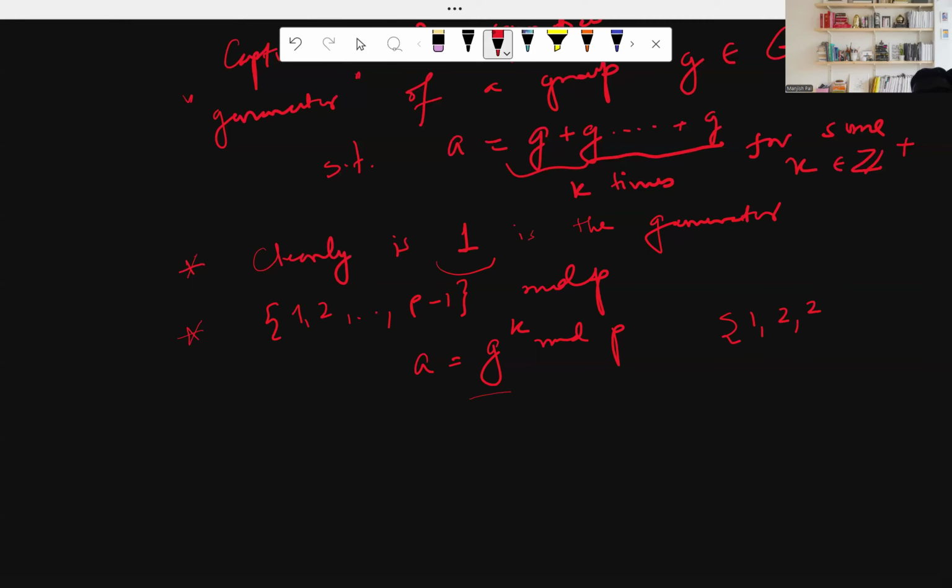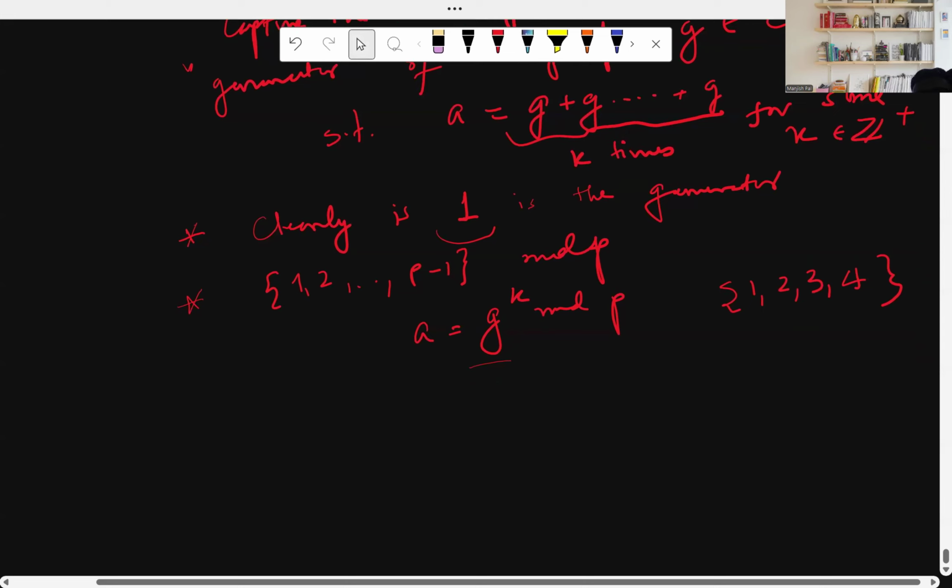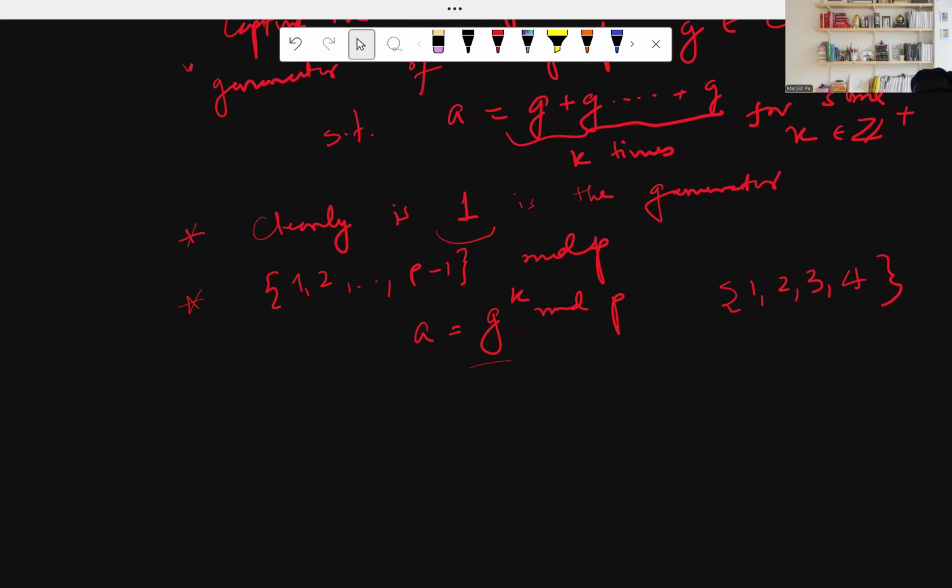So if we take the example simply 1, 2, 3, 4, if we consider 2 to be the generator, so 2 power 4 is 1, 2 power 1 is 2, 2 power 3 is 3, and 2 power 2 is 4.